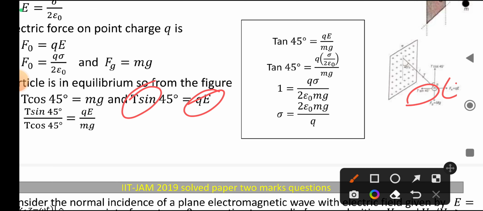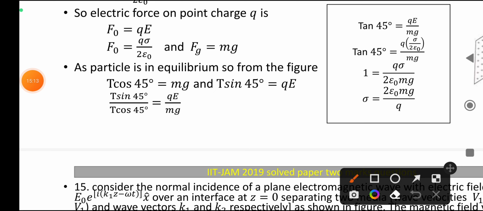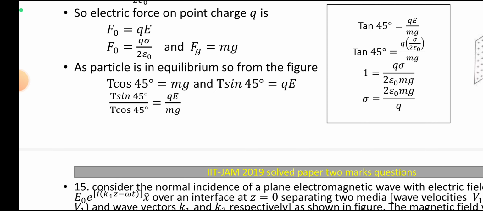Like this we got two equations, and we divide one equation by the other. So T sin 45 by T cos 45 equals QE by mg, isn't it?